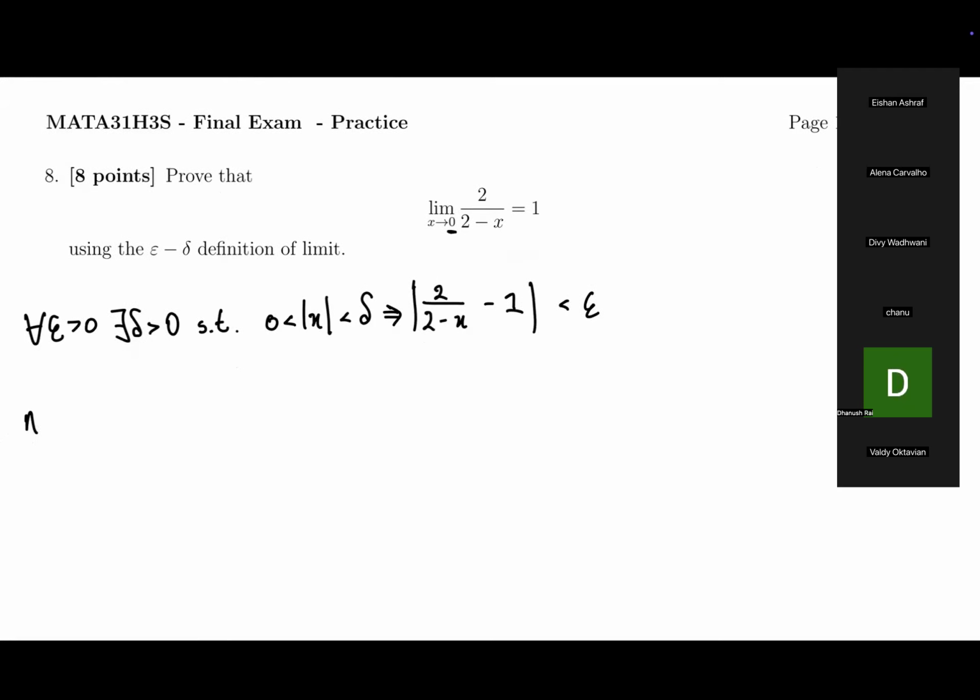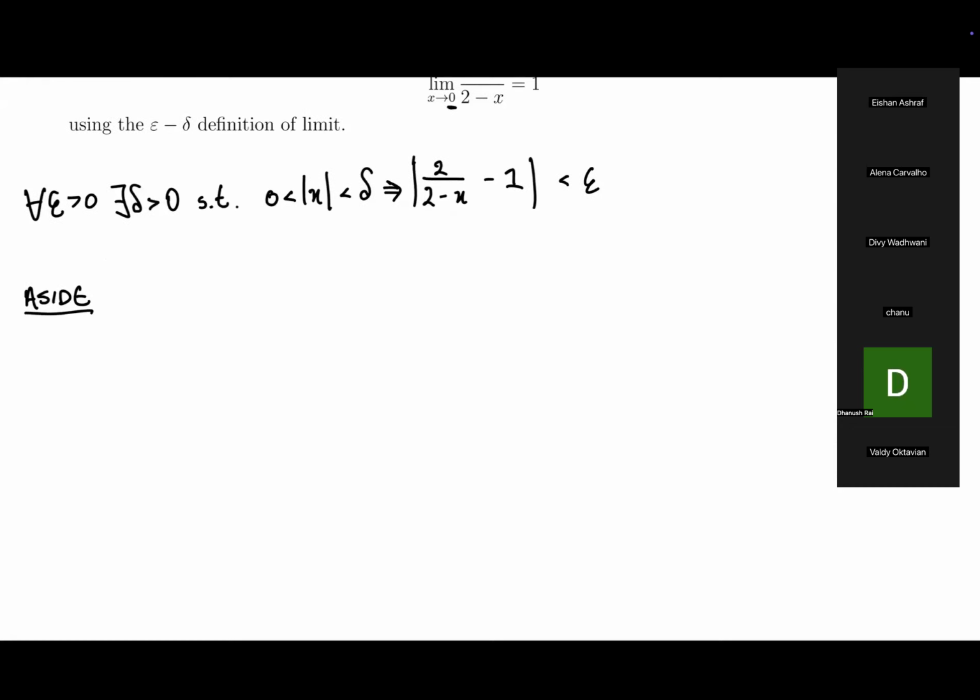So our very next step is that we always start with an aside portion, and we try to work at this term and see if we can break it down, see what we can do to manipulate it. So doing that, we get, rewriting it, there we go.